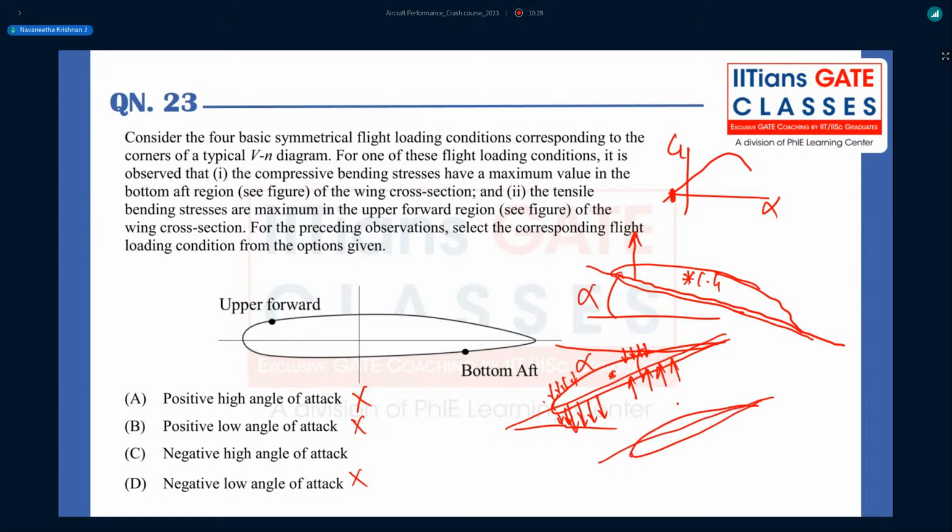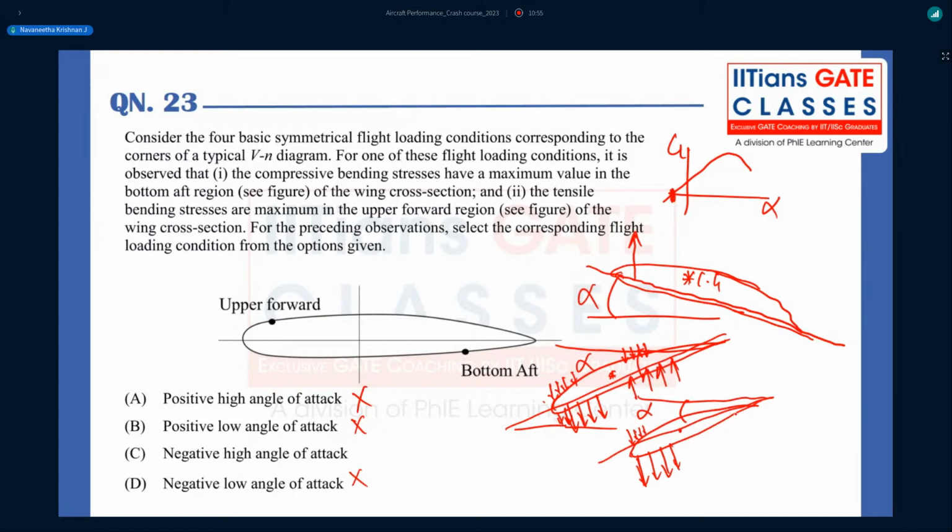See like this. This is the negative angle of attack. Now, since there is a negative pressure here, there will be a suction pressure here. Here also a large negative pressure will be happening. So towards the center point, that is towards CG, the upper half region will experience an expansion.